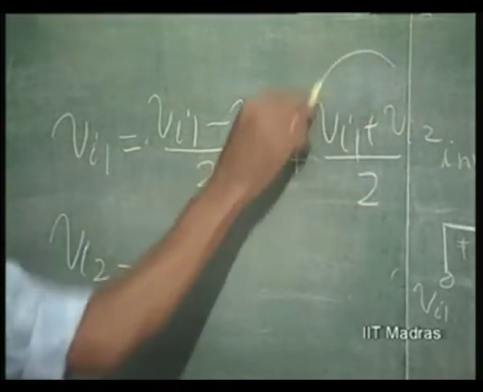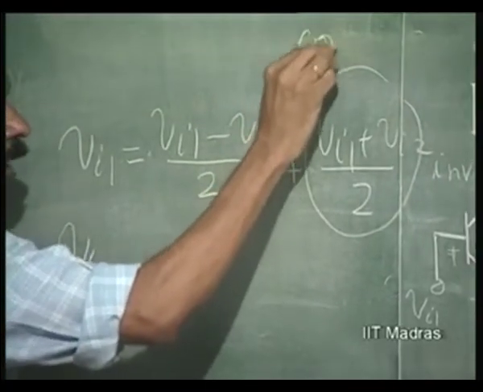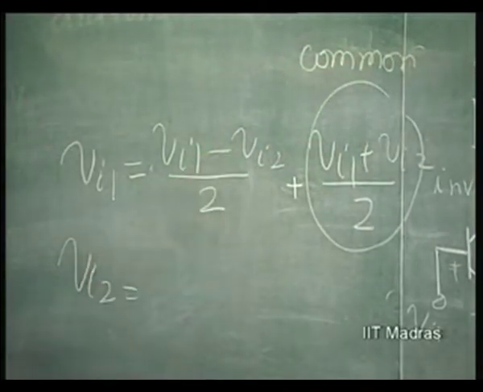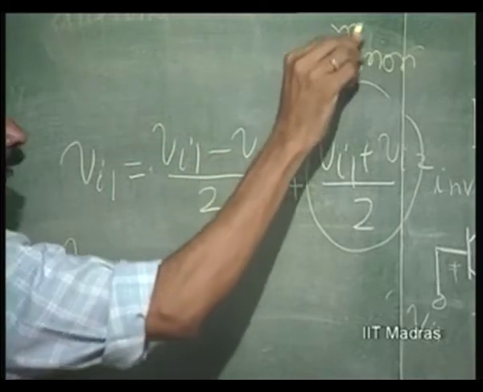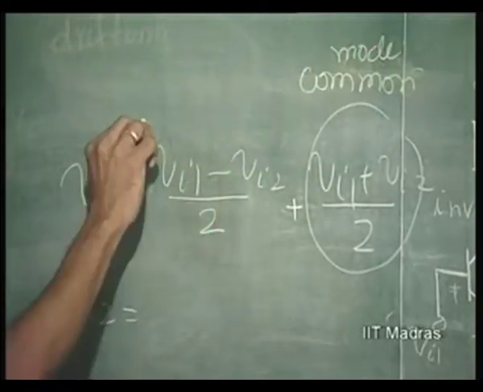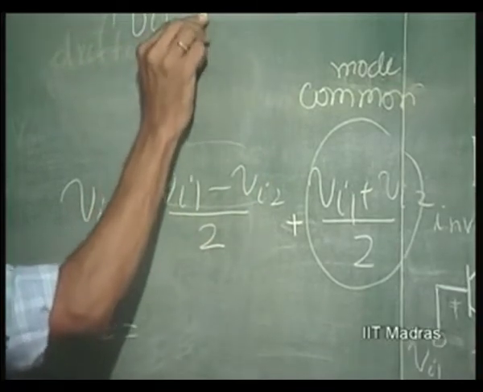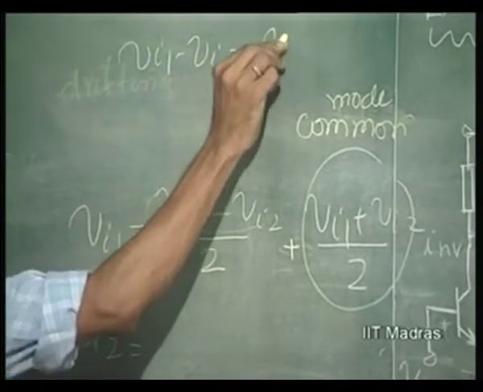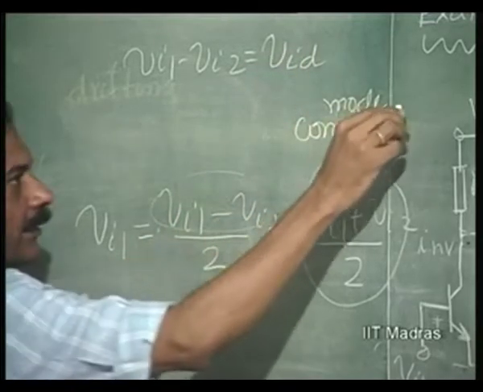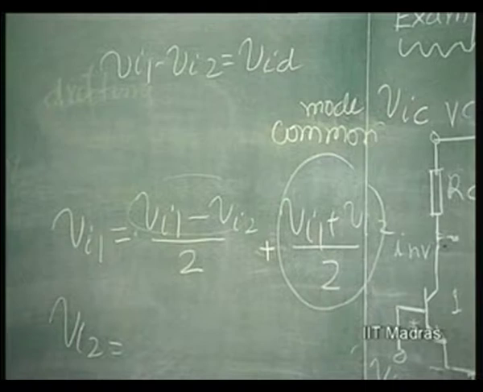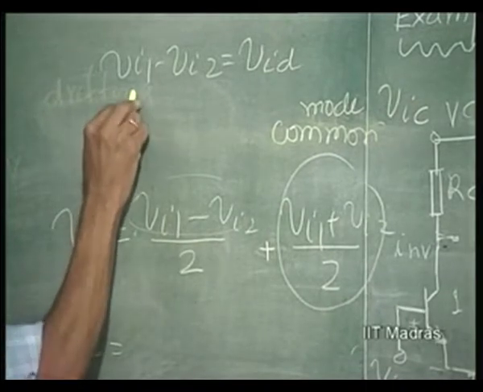This is called common mode. What is common to both the signals? That is common mode. We will call the common mode signal VIC, and Vi1 minus Vi2 we will call VID. This is called the differential mode signal.